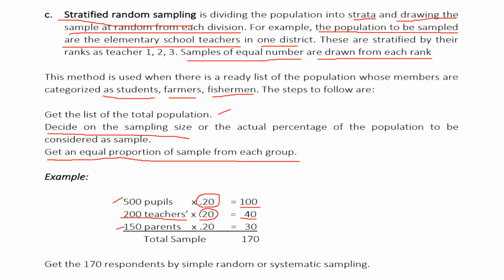Same thing with your parents: 150 parents multiplied by 20% is simply equal to 30. If we get the total sum of these three resulting values, that will be equal to 170. So get the 170 respondents by simply random or systematic sampling.